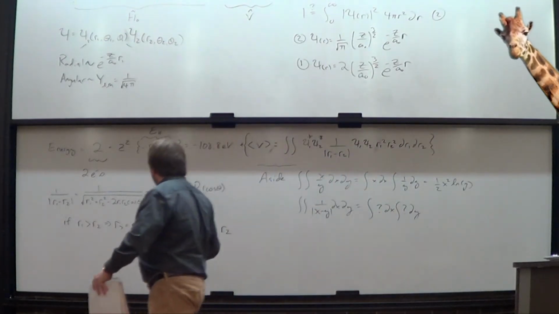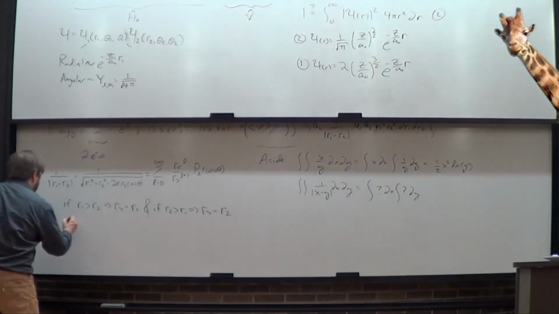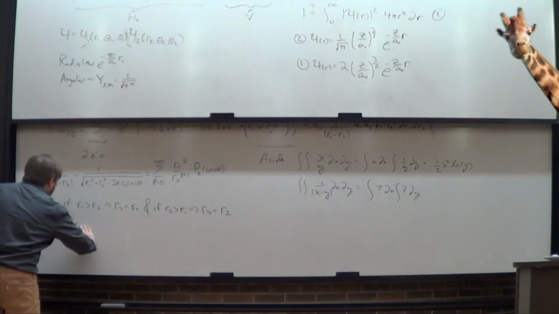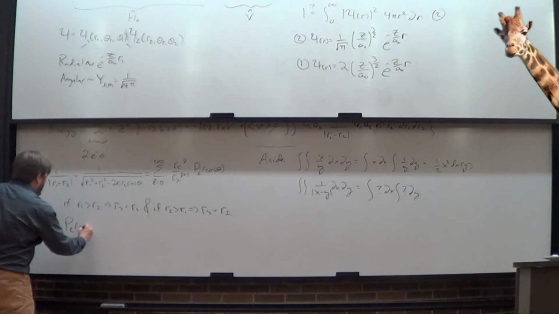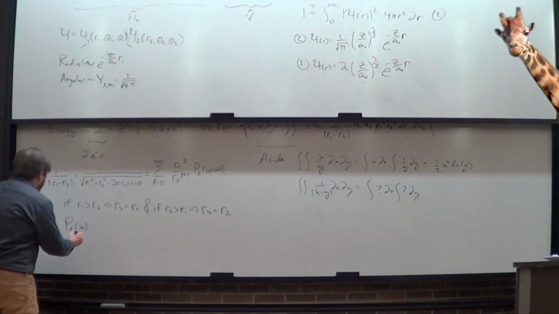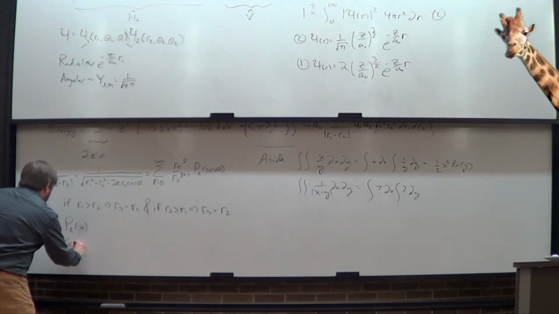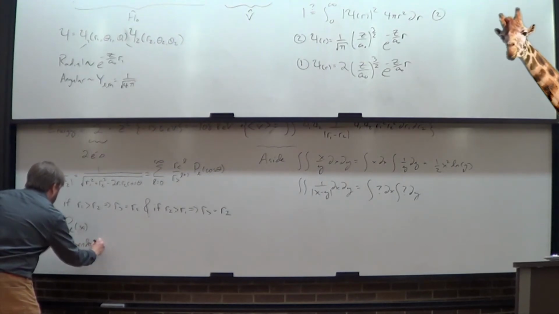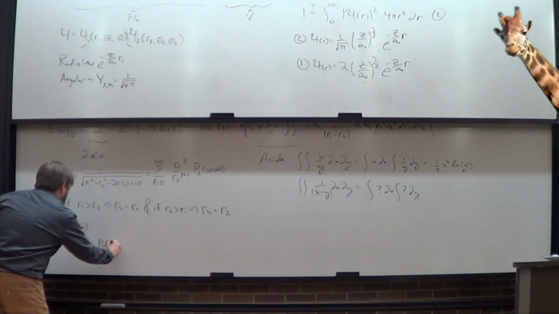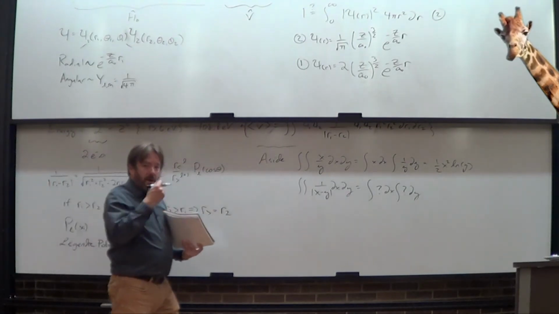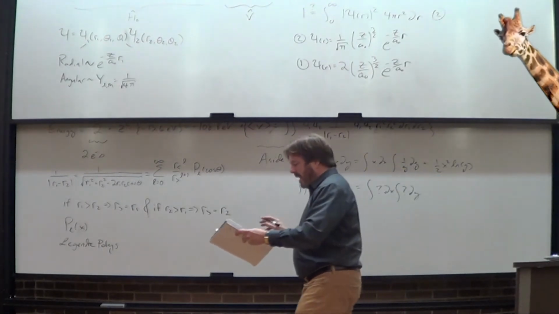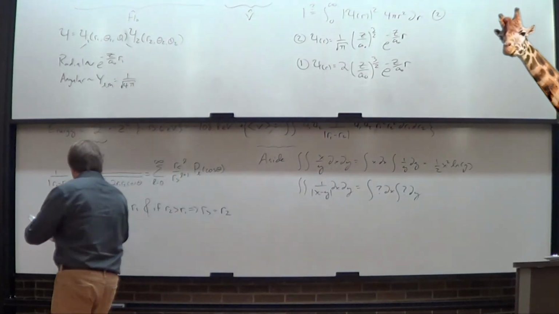Okay, P sub L. Oh, here, I'll write X instead of cos. These are Legendre polynomials, the solutions to a couple of differential equations. Anyway, you look these up.